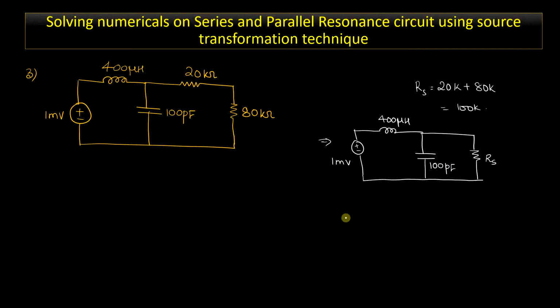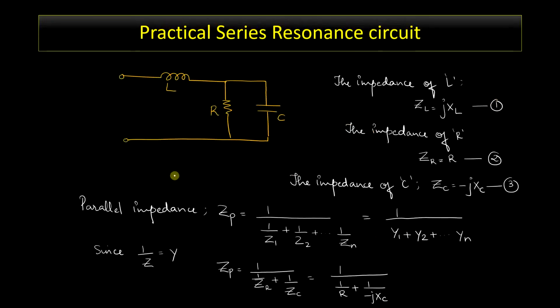Now if you look at this particular circuit and the concept that we have studied today, this might look more like a practical series resonance circuit. If you see, you have an inductor, you have a capacitor, you have a resistor. Okay, right? So if you look at the concept that we have seen today, you had an inductor, a resistor and a capacitor in parallel. So the circuit that we are looking into might look something like this.